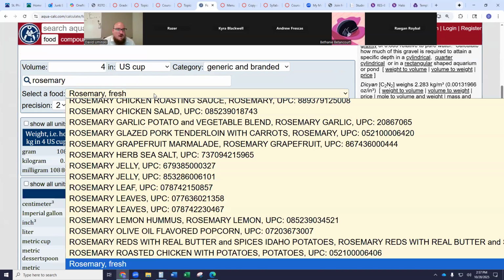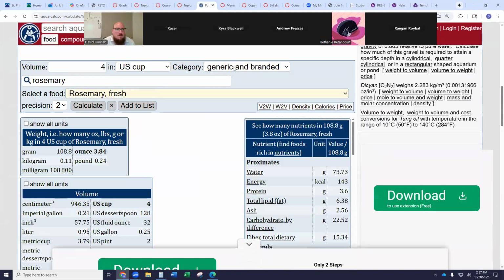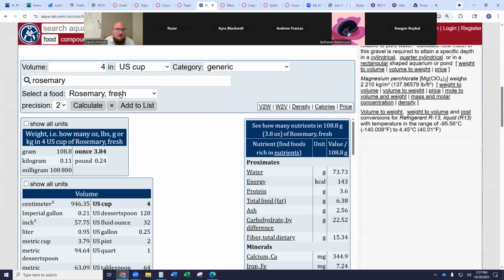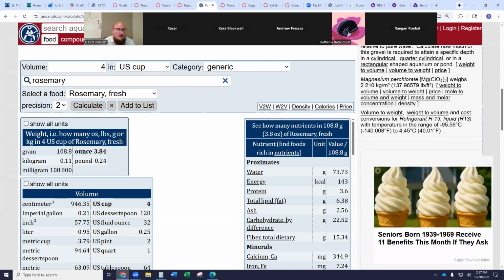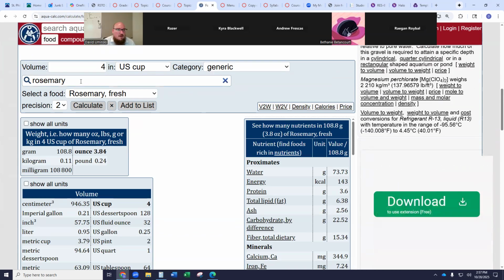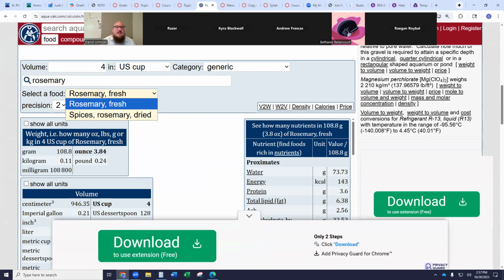I think I got it, because I put in rosemary whole, not rosemary fresh, or just rosemary. Yeah. So sometimes if you try to put too much information in, it may not work. So that's a good idea. Just go ahead and put the keyword in there. So use rosemary fresh. What is the recipe called for?